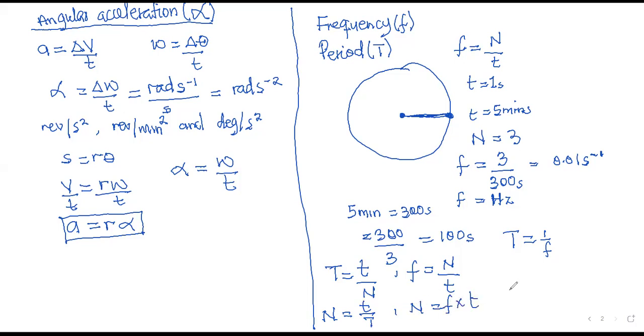Let's equate both. So we have small t over big T is equal to f times t. t would cancel out, and we have f being equal to 1 over T, or T being equal to 1 over f. So in questions, whenever you are able to find any one of these quantities, you can determine the other easily using this.